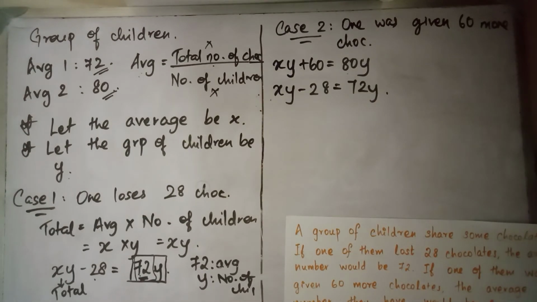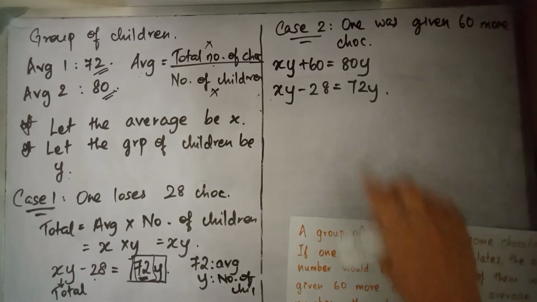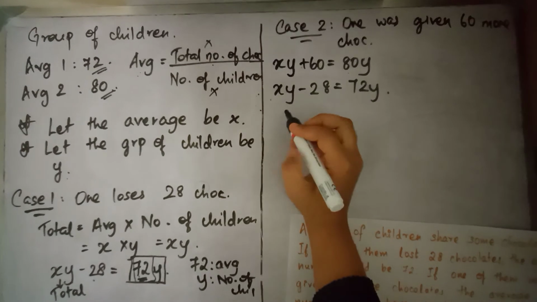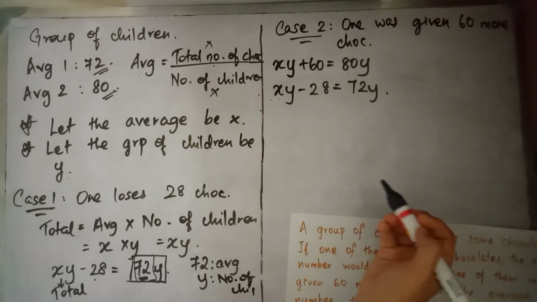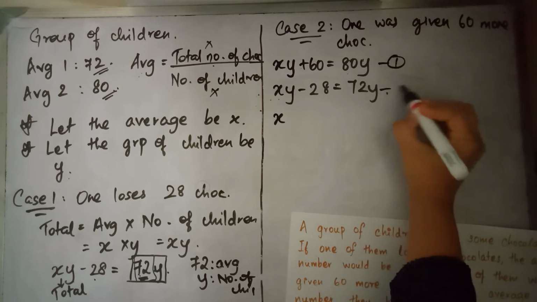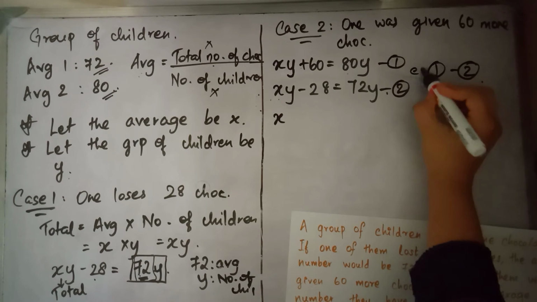Now what do we do? We can take this and subtract this. In that way, xy will get eliminated. So I'm taking equation 1 and subtracting equation 2.